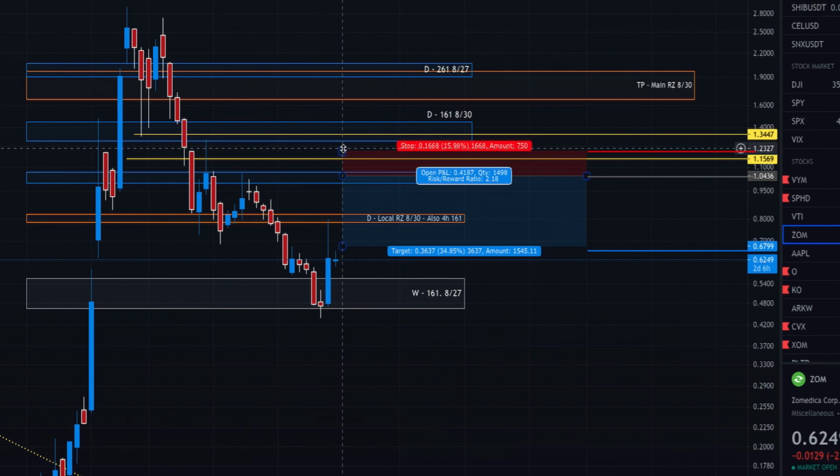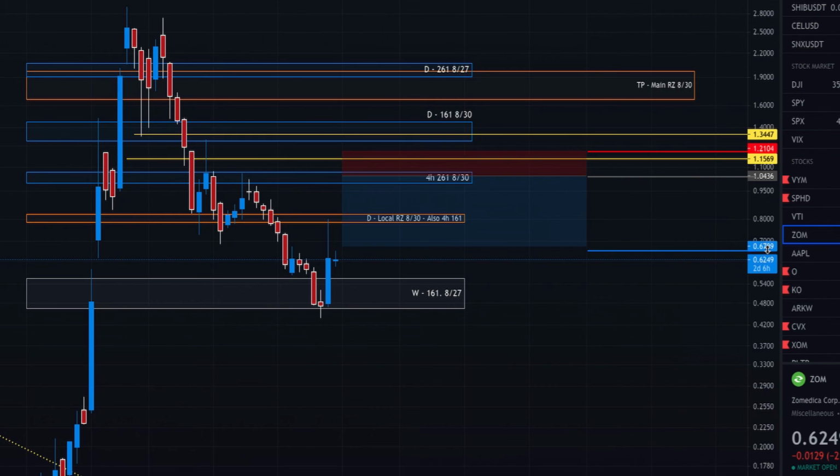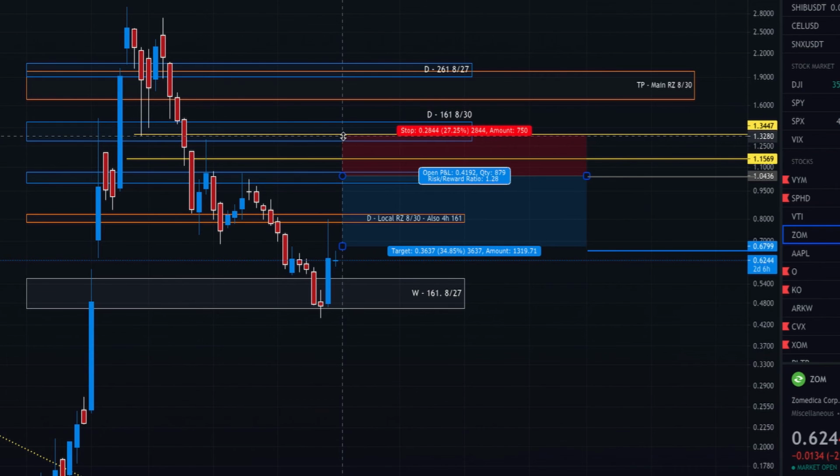And no, that's not what we said. We said the target price is at 0.67, correct? But the stop loss was at 1.32.